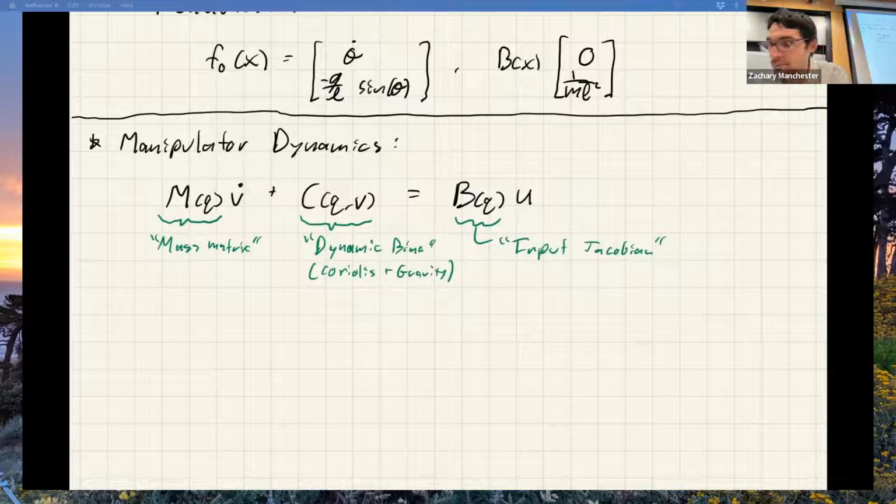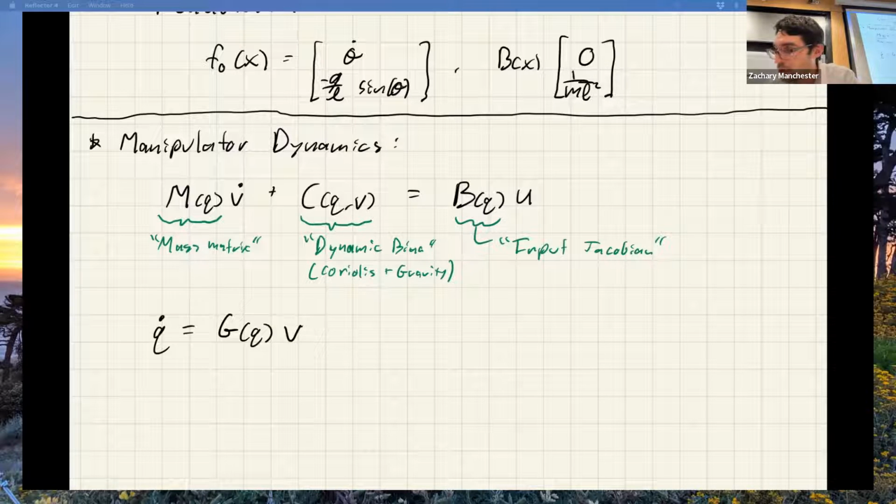And then in general, on this whole topic of Q dot doesn't necessarily equal V, you have something that looks like this. Q dot equals some linear function of V. And we call this the velocity kinematics. So this comes up in particular in this class. We'll see it when we talk about attitude dynamics.